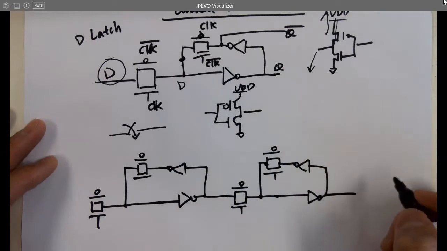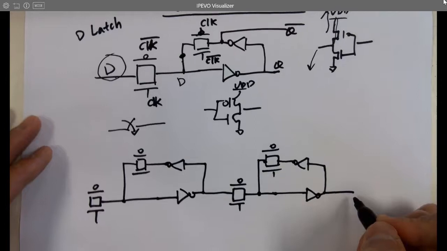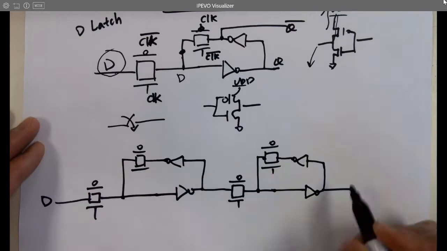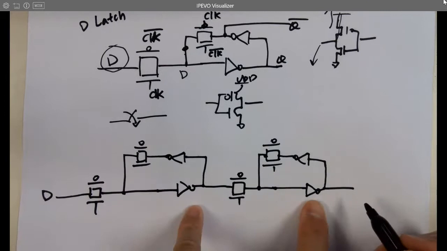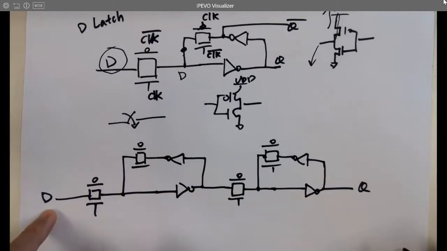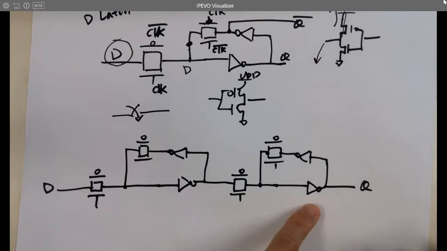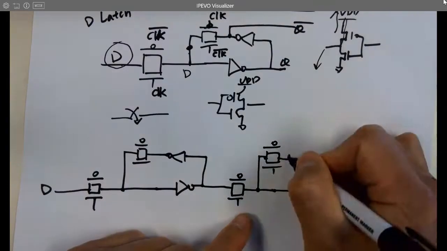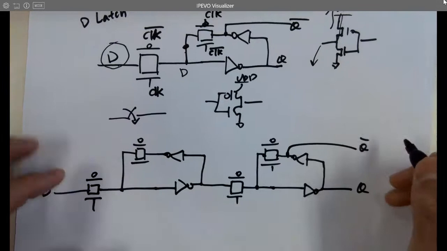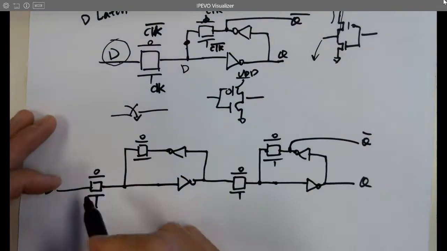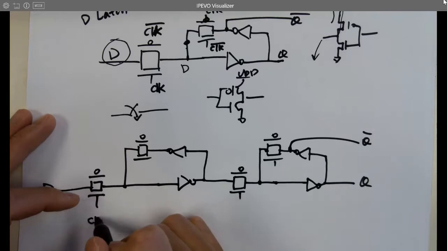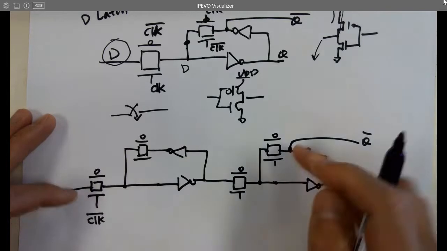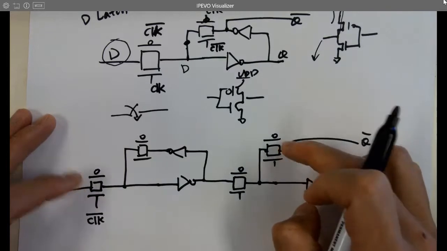And this is Q or Q naught, if this is D. No, 2 inverters, so it's Q, right? That's D. D, invert. So it's Q. So here's Q naught, right? And you want to keep this one, I label as clock naught, but you can label it as clock as well, but just keep these 2 clocks at the same cycle.